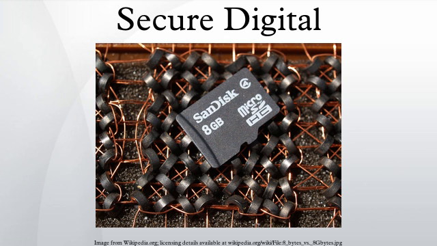SDXC. The Secure Digital Extended Capacity format, announced in January 2009 and defined in version 3.01 of the SD specification, supports cards up to 2 TB, compared to a limit of 32 GB for SDHC cards in the SD 2.0 specification. SDXC adopts Microsoft's exFAT file system as a mandatory feature.